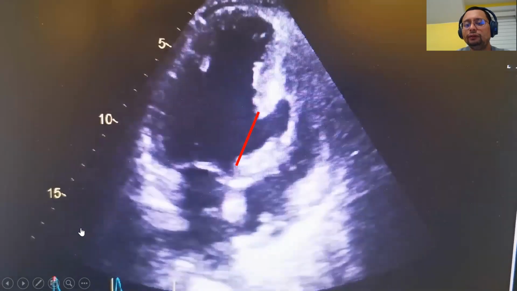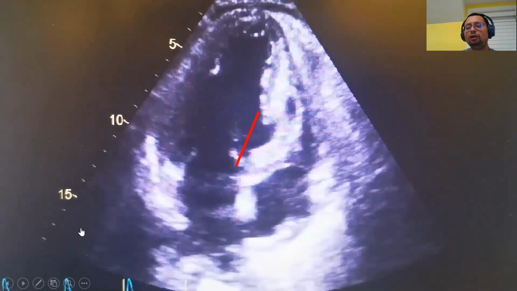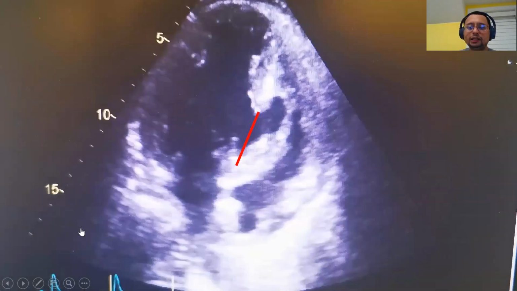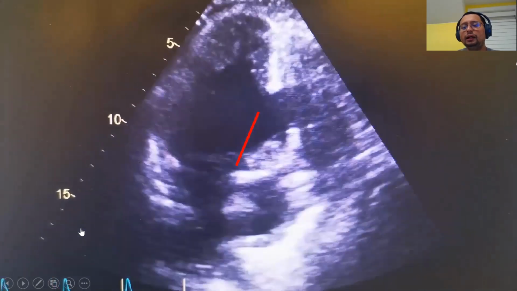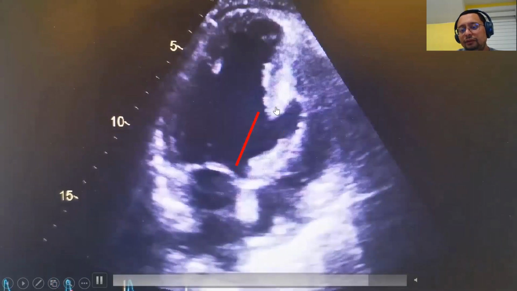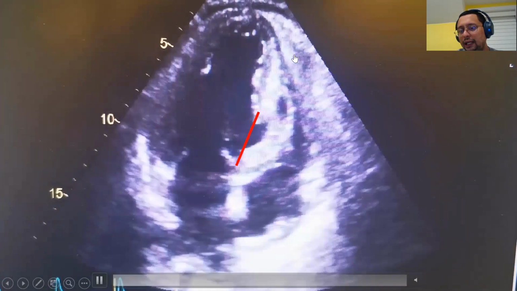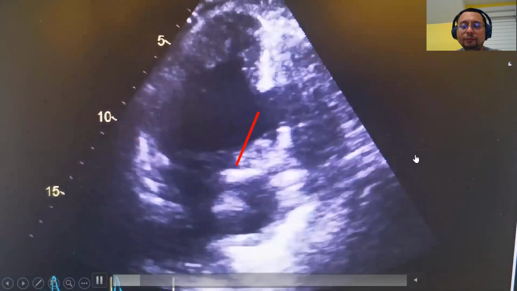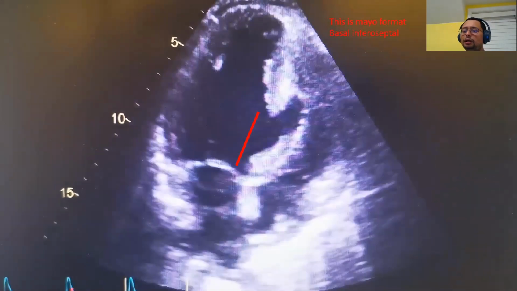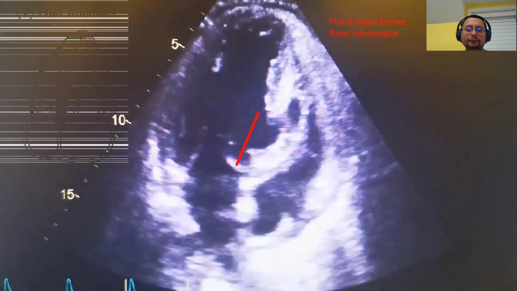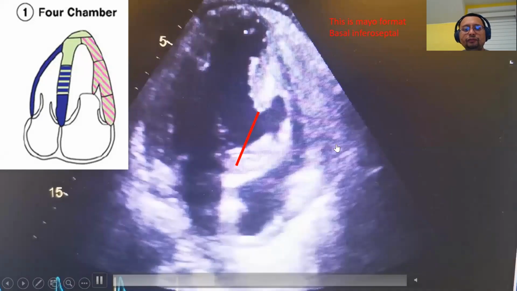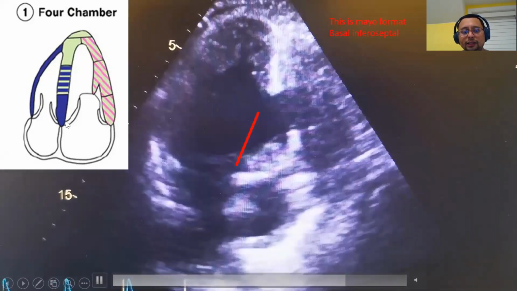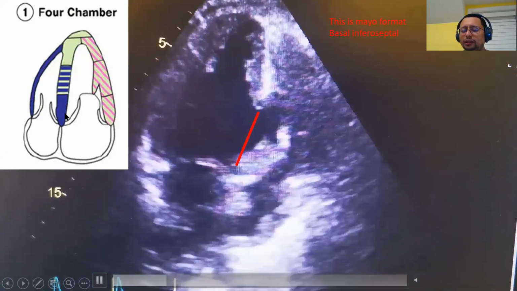This patient also has involvement of the basal inferoseptal wall that is supplied by the PDA branch of the RCA. Not only that, the patient seems to have some aneurysmal portion there as well. So this patient seems to have an inferior myocardial infarction with a subaneurysmal segment. If you look again at the apical four-chamber view, you can see that this is where it is involved, the basal inferoseptal.